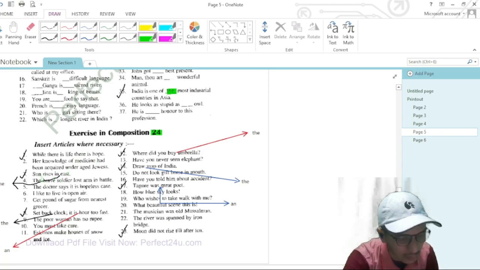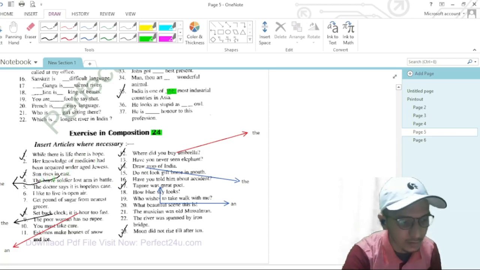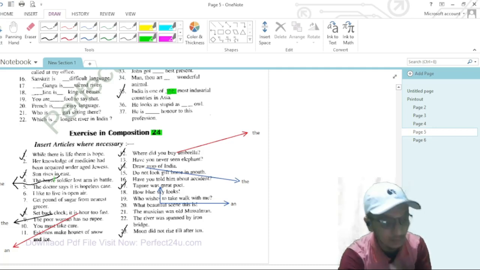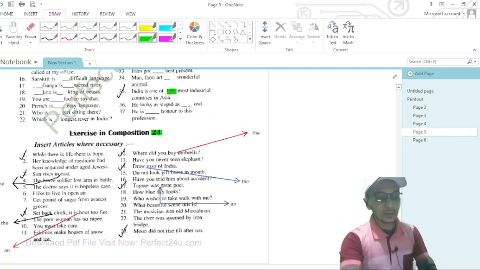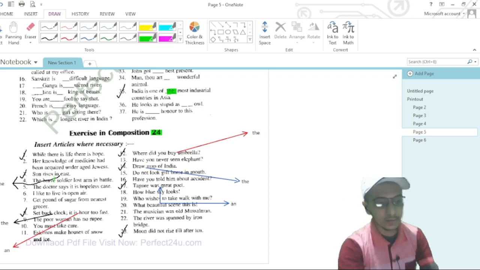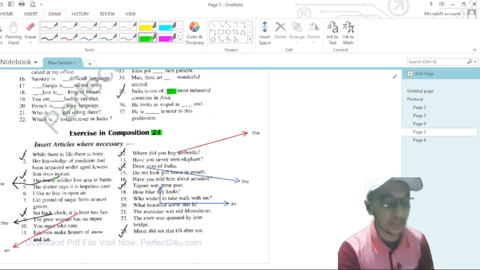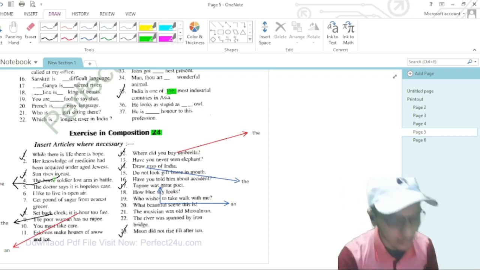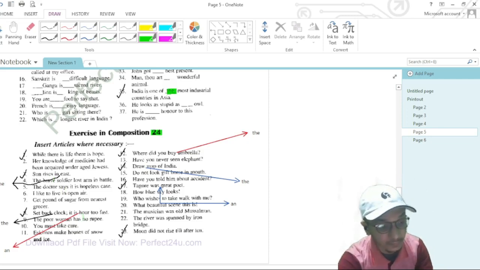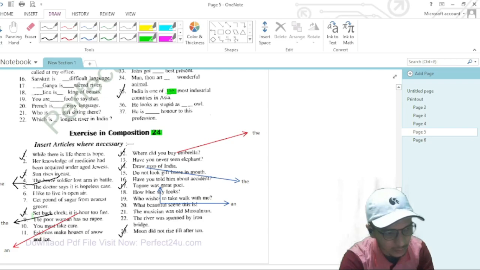Sun rises in east. In this sentence the insertion is made: the sun rises in the east. The next question is question number 8. Set back clock. It is hour too fast.